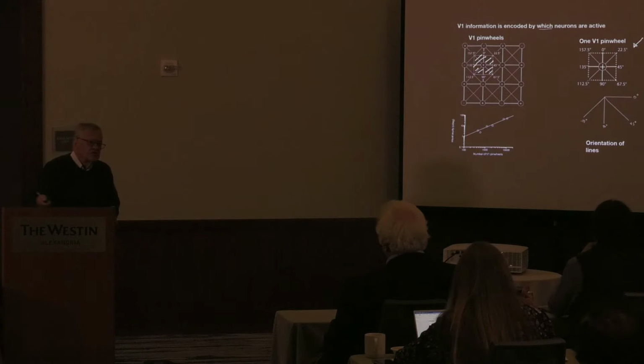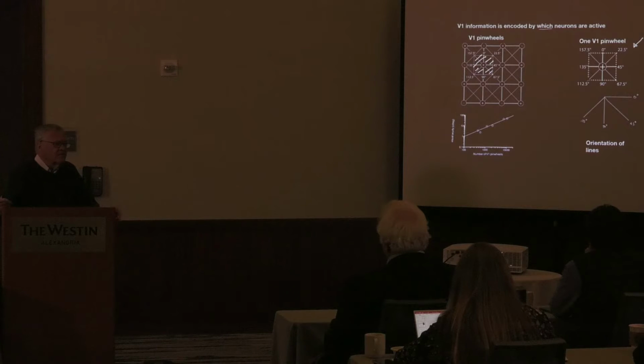So in the visual cortex, information about what lines are or other features with other kinds of cells cause particular cells to fire spikes, and information is encoded in terms of which cells are firing spikes.